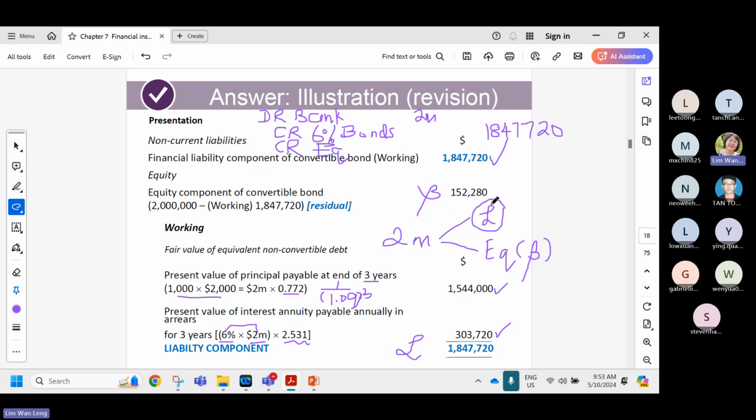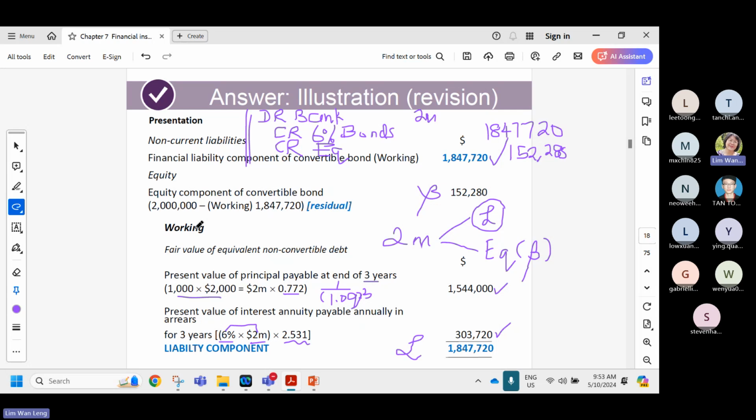And you credit equity, the equity component, which is the balance, 152,280. So that will be your journal entry at inception to record the convertible bonds.